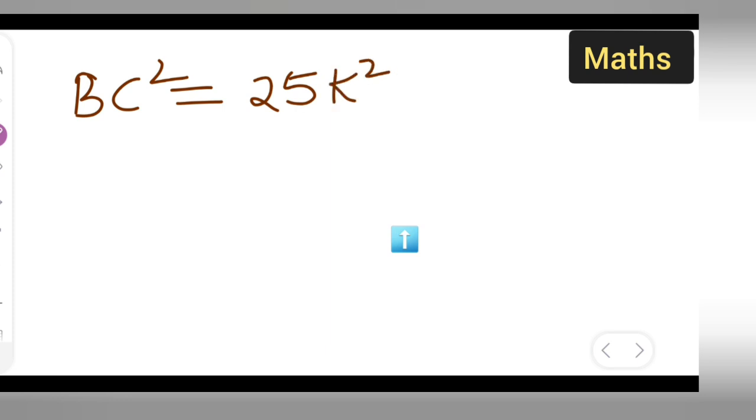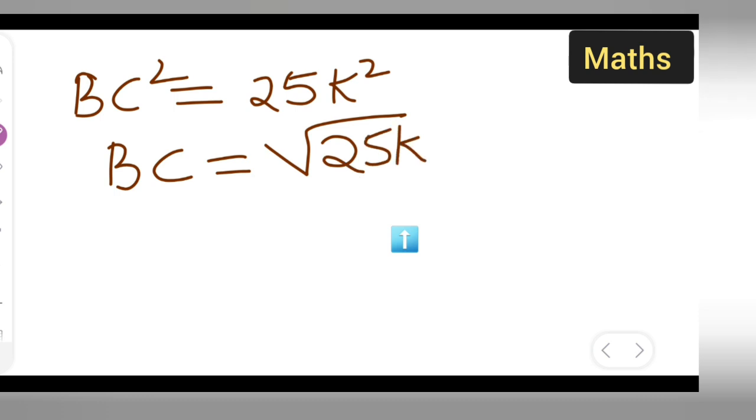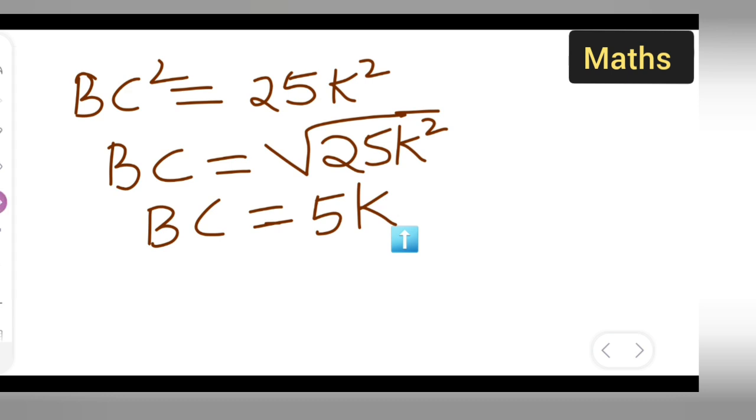So BC square is equal to 25k square after subtracting. Now BC is equal to the square root of 25k square. The square root of 25 is 5, and I get k because the square and square root cancel.